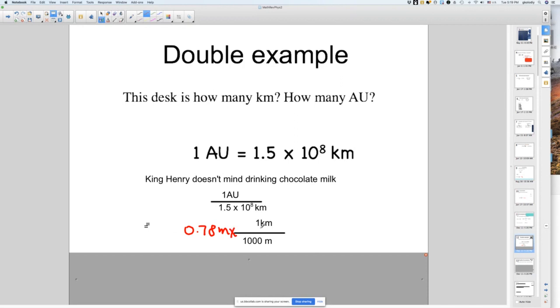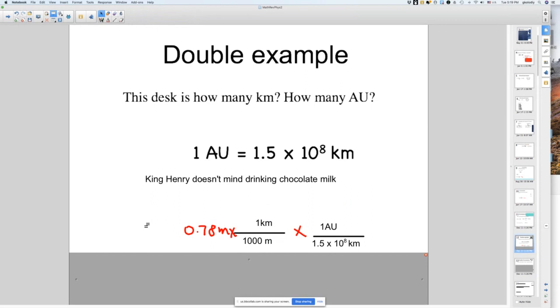So now the meters will cancel, and I'll have this in kilometers. And then I have to multiply it by this conversion. So the kilometers would be in the bottom, and astronomical units are on top.